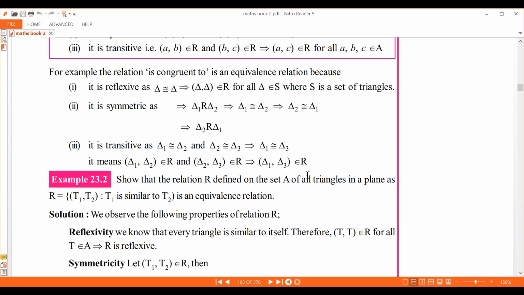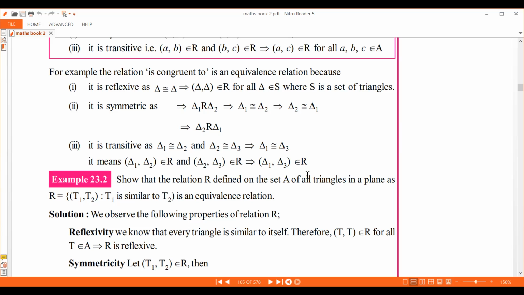There is another thing called similar triangles. Similar triangles means only angles are equal. That is called similar. Congruence means sides are equal, angles are also equal. So that is called congruent triangles.